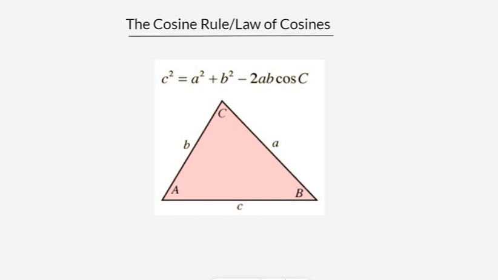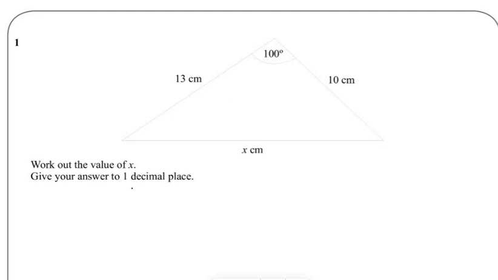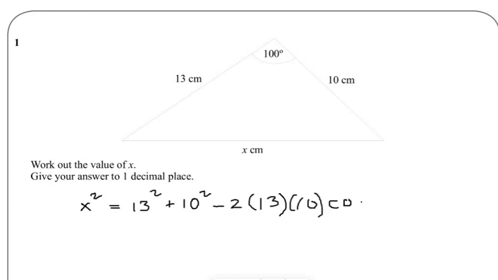So now we can start off with x squared. So x squared is equal to 13 squared plus 10 squared minus 2 times 13 times 10 cos of the angle 100.